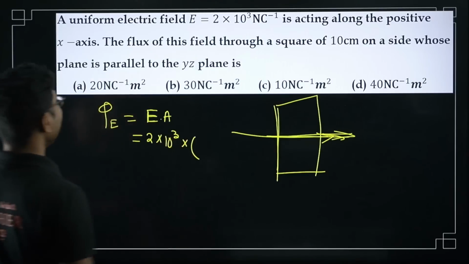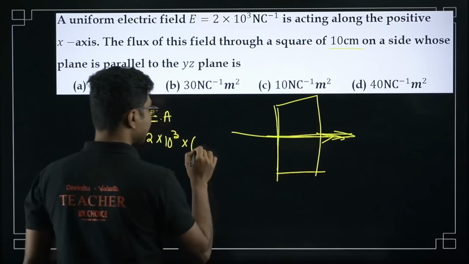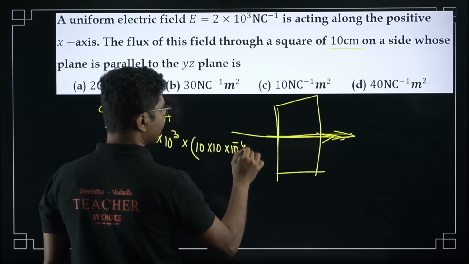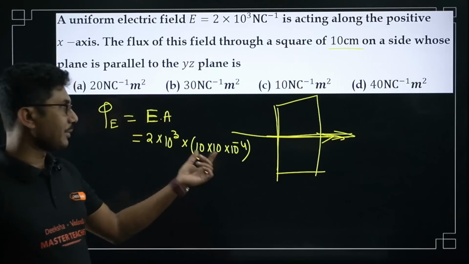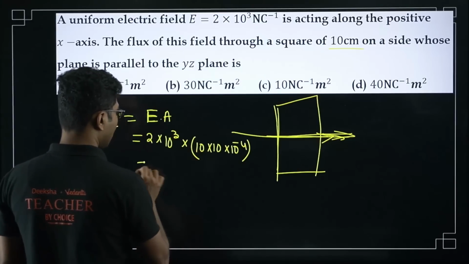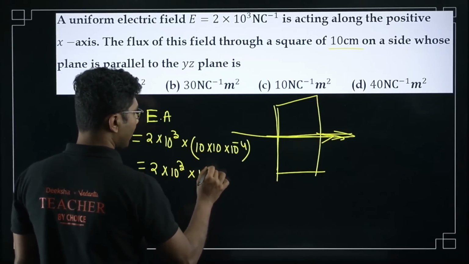Area is given by the square of 10 centimeter. Square of 10 centimeter means 10 into 10 into 10 to the power of minus 4. Okay, because it is centimeter square, so 10 to the power of minus 4. So that is 2 into 10 to the power of 3 into 10 to the power of minus 2.